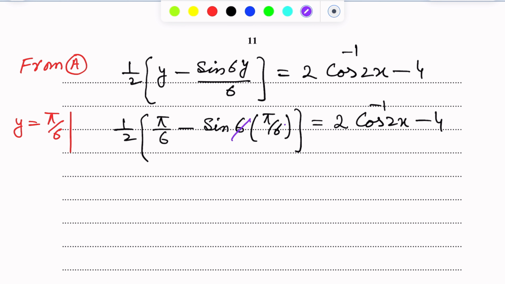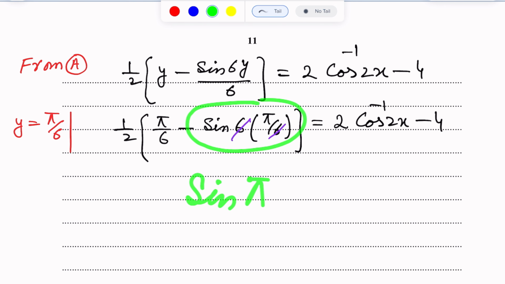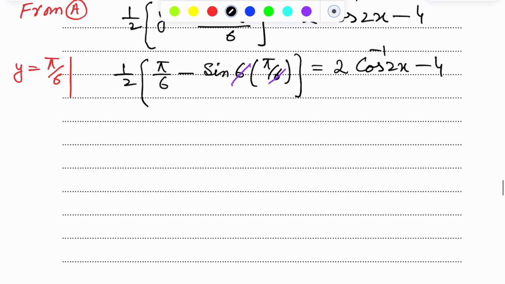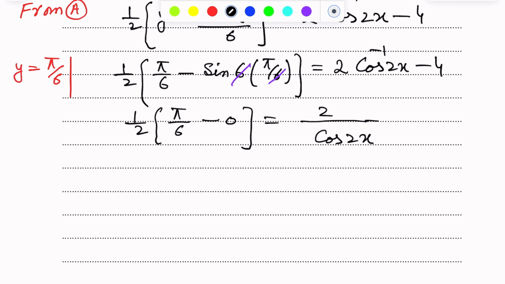This cancels out. We get here sine pi, the value of sine pi is 0. So we can write it 1 over 2 pi by 6 minus 0 because sine pi is 0. On the right side, we can write this term as 2 over cos 2x power positive 1 minus 4.